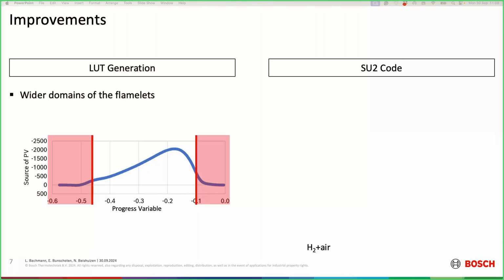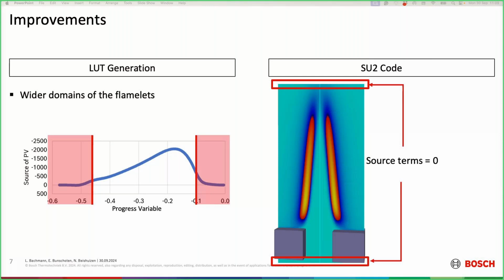So we were cutting the singular flamelets too far. So on top of already having a too high source term, the source term at the edges was on top of that too high. So what we did was we widened the domain, and with that, in our simulations, we were actually able to achieve source terms of 0 at the inlet and at the outlet, which was not the case before.